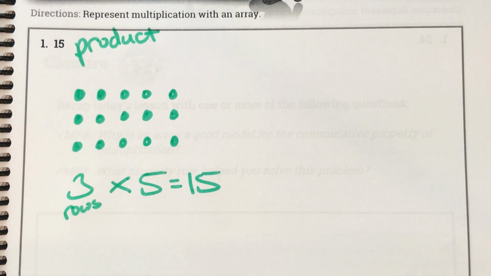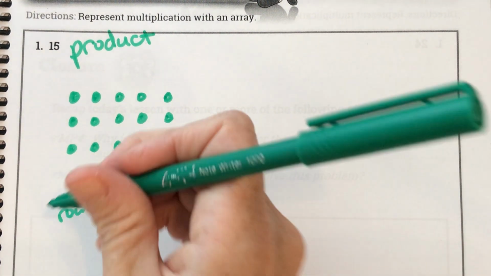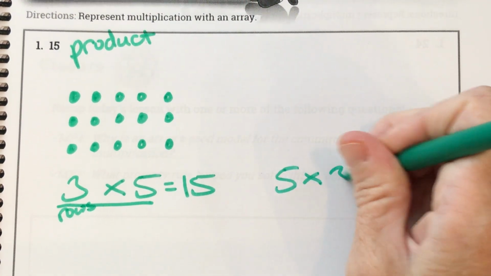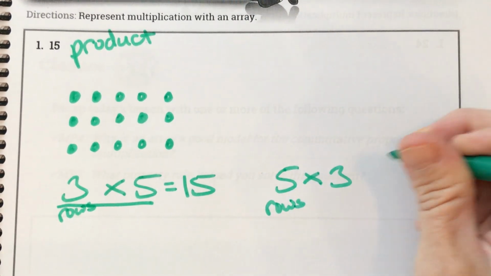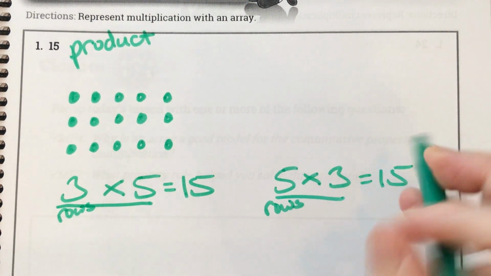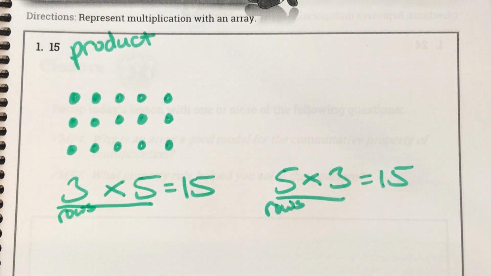Okay, so the commutative property says we can switch those, which means we could say 5 rows of 3 should equal 15, because I should be able to switch my factors. Let's check that and see if that works.